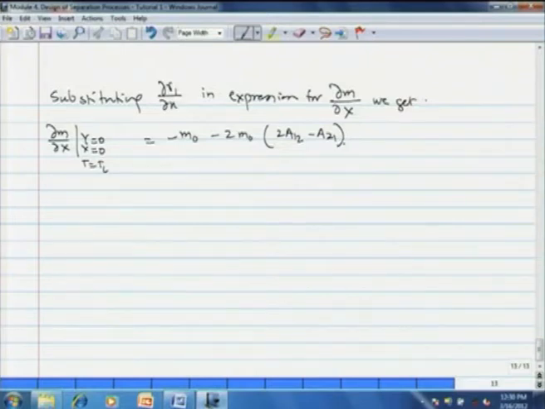Now, we have to evaluate the third partial derivative of m with respect to t. Okay. Now, for evaluating that partial derivative, we consider that both gamma and p naught are functions of temperature.